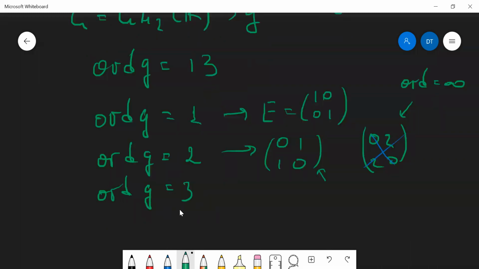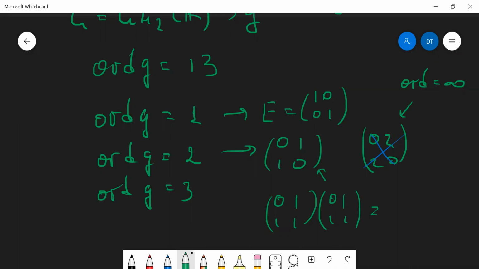Could you find an element of order 3? 0, 1, 1, 1. No, actually, that doesn't work, because let's multiply it several times. Identity to the power of 3 is not an example, because the identity has order 1, so identity to the power of 3 is again the identity.